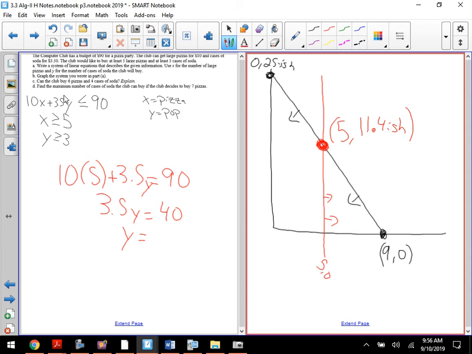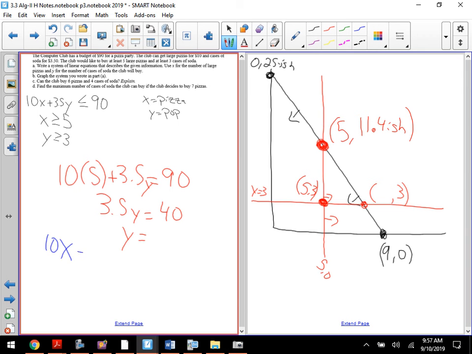Okay. And then the last parameter we had to put in was what? y was greater than or equal to 3. So if I do that, let's just say it goes here. So I know that this ordered pair is how much? 5, 3, very good. So that ordered pair would be at 5, 3. This one would be at something, comma, 3. And the reason I have to do what I'd have to do there is figure out, well, 10x plus 3.5 times 3 is 90.